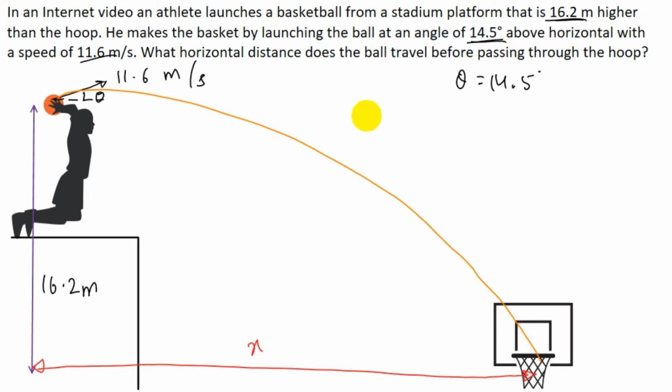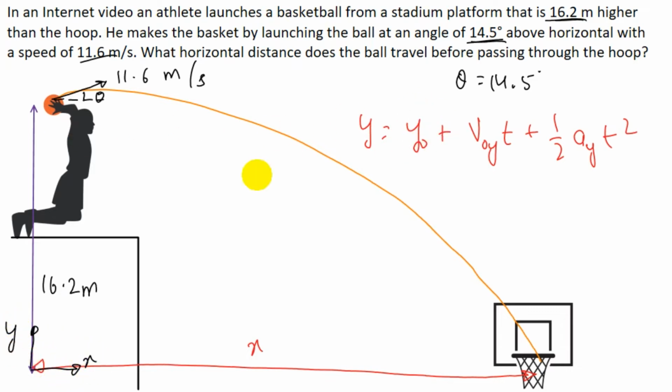So I can use this equation, y equals y0 plus v0y times t plus 1/2 ay t square. And let me show the coordinate system also. So I will be measuring the distance from here. This is the x-axis and this is the y-axis. Now initially the projectile is at a distance of 16.2 meter.